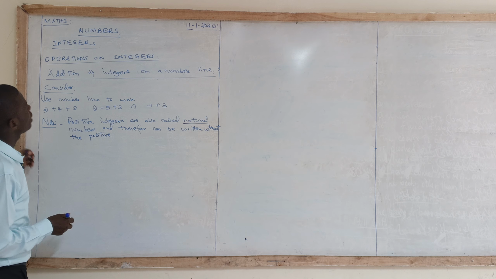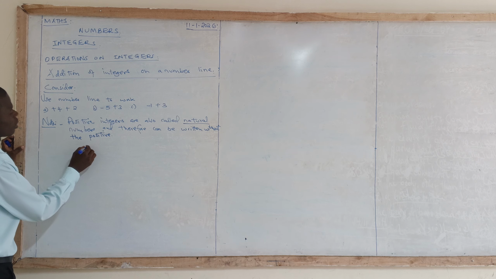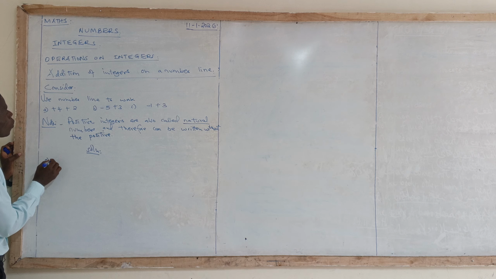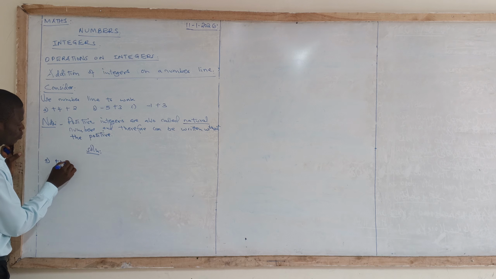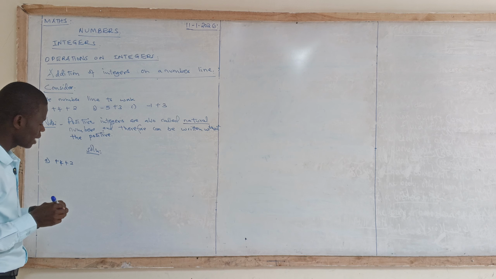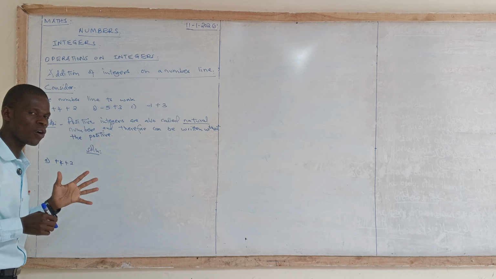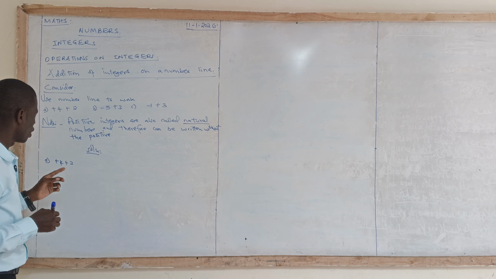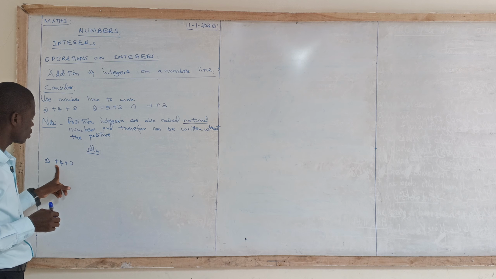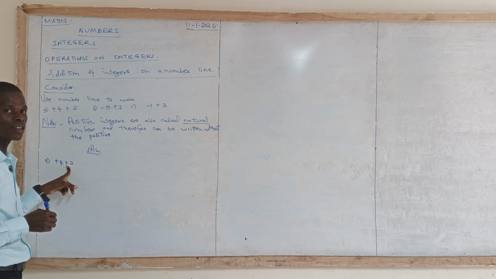Good. Next, let us now move to the solution here. A, we have positive 4 plus 2. So this positive, already we know it is positive because it is indicated here. This is plus.